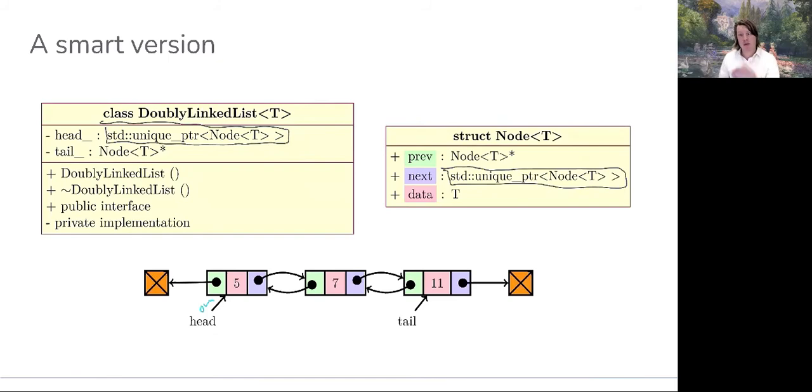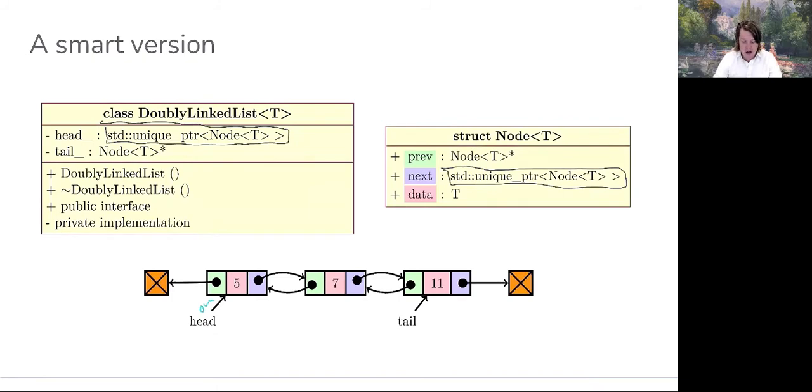So in our implementation, we're only going to have a unique pointer being that of the next field within our node objects. So just as we did before for the singly linked list, head owns the node storing the integer value of 5.